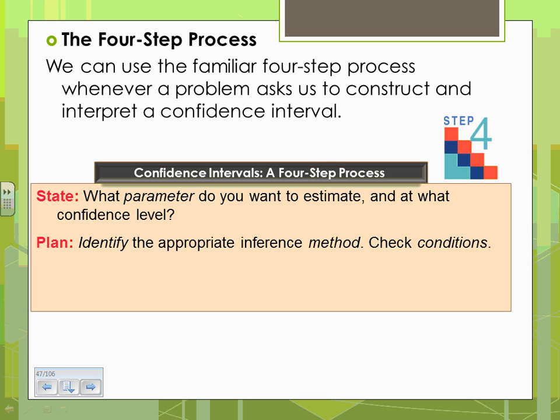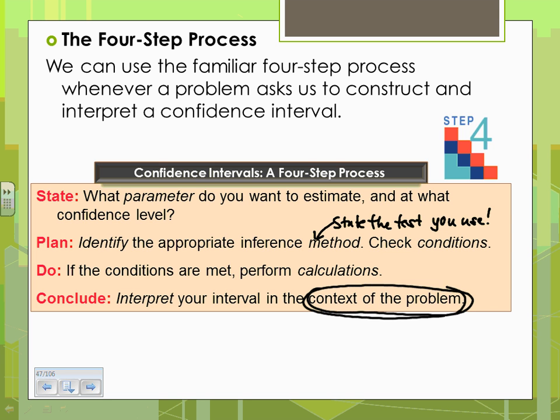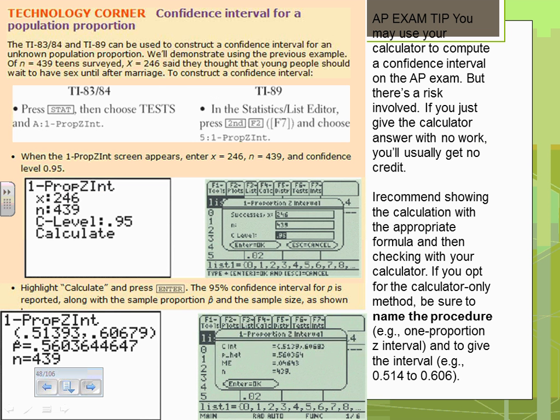So you always need to state what test you're going to use. Okay, and AP will expect you to state that test out. Check your conditions. If the conditions are met, then you can do your calculations. And then always interpret in context of the problem. I know I say this over and over and over. Don't just state the general rule, but state what it means in context of the problem.